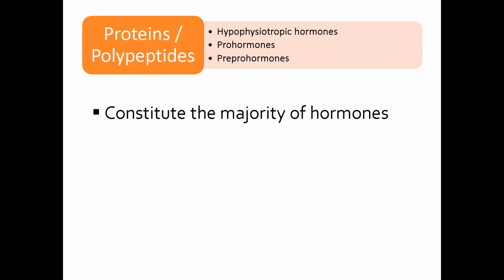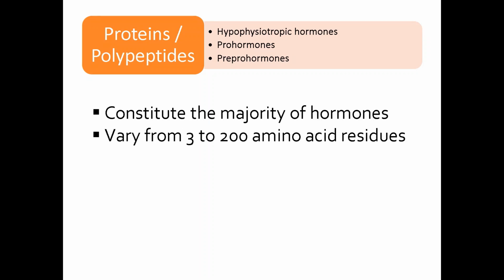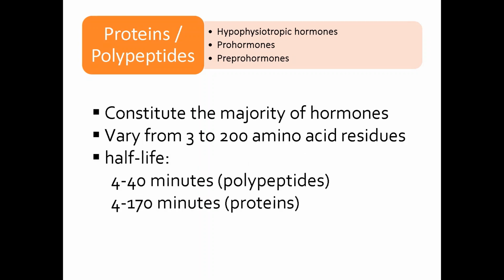For proteins and polypeptides, generally they constitute the majority of hormones, and they may vary from 3 to 200 amino acid residues. The half-life can also be dependent on its nature. You'll have as little as 4 to 40 minutes for polypeptides, and it can reach up to 170 minutes for certain proteins.